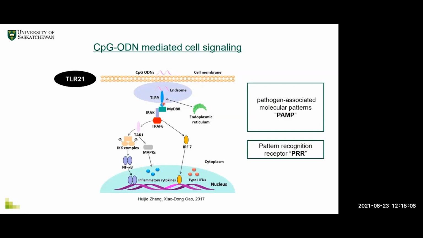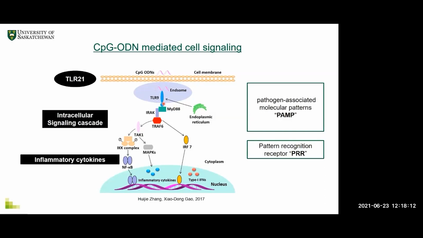Upon this recognition, it can stimulate the intracellular signaling cascade and gives signals to the nucleus to produce more inflammatory cytokines such as interferons, interleukins, TNF-alpha, which are responsible to recruit the other immune cells to the site of infection and to fight against invading pathogens.